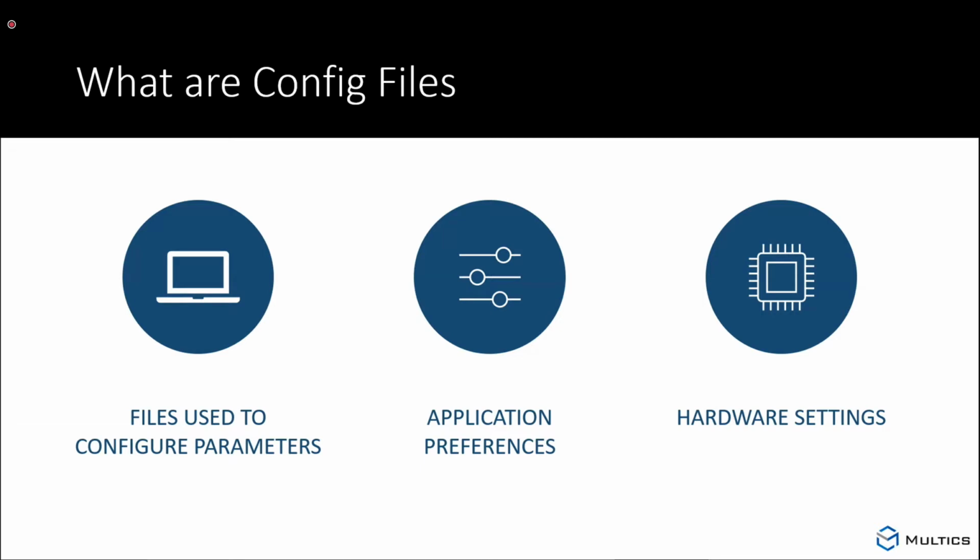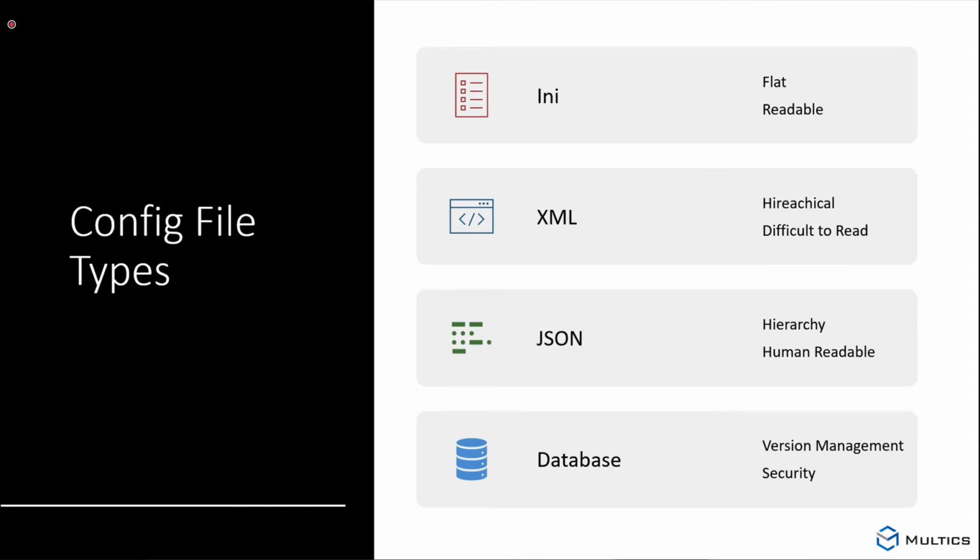So all of those things are going to hold you back in doing software such as that. I'm just going to talk about the types of config files. INI files are very common. It's flat, it's got a header, and it's easily readable by everybody.